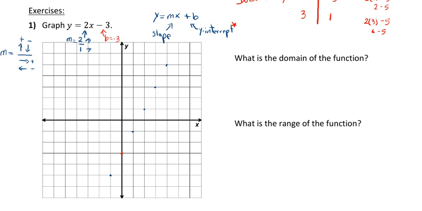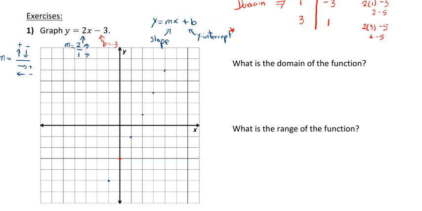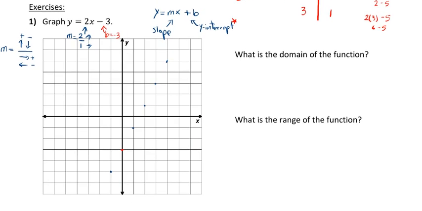And we already have a few points, and that's good enough to draw our graph. So we're going to draw a line using a ruler, a straight line passing through all these points. Make sure that the ruler is passing through all these points.